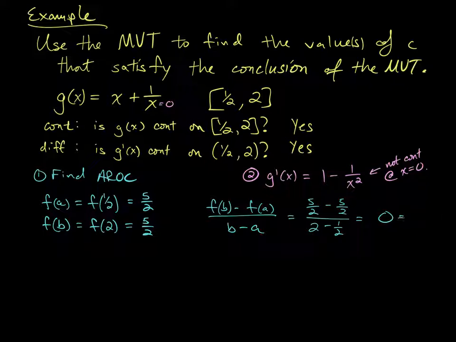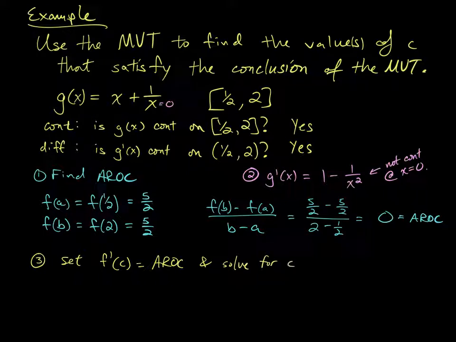So this is the average rate of change. We already know what the derivative is here, so the last step is to set f prime of c equal to the average rate of change and solve for c.